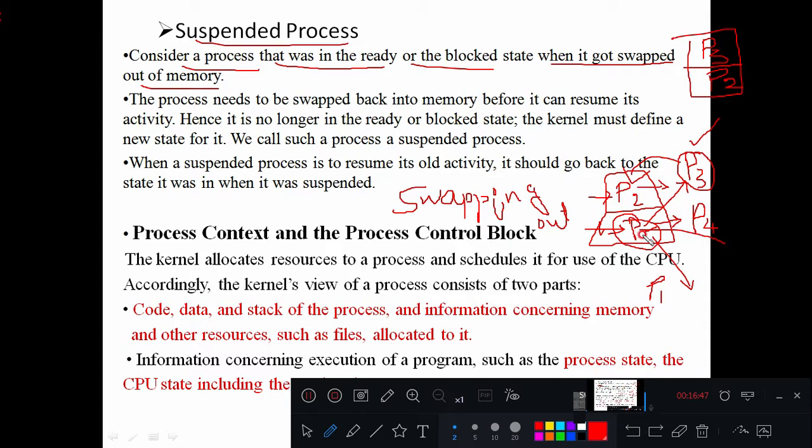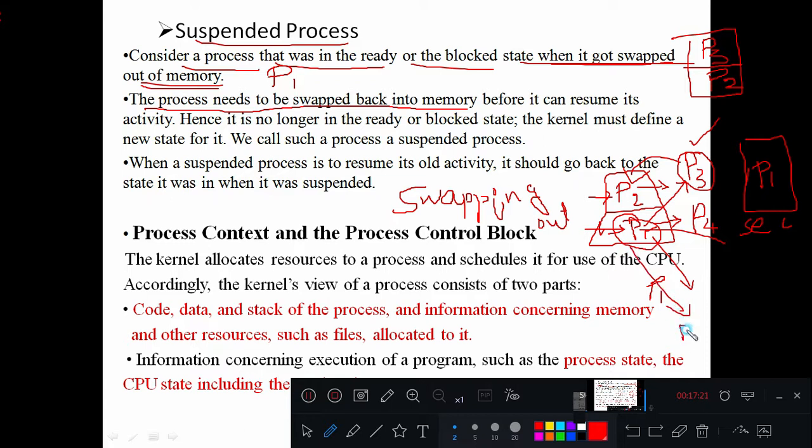Such a process, P1, which is taken out from the memory, is called a suspended process. A process needs to be swapped back into memory. Let us say P1 is kept in secondary memory. This is secondary memory, and this is primary memory.